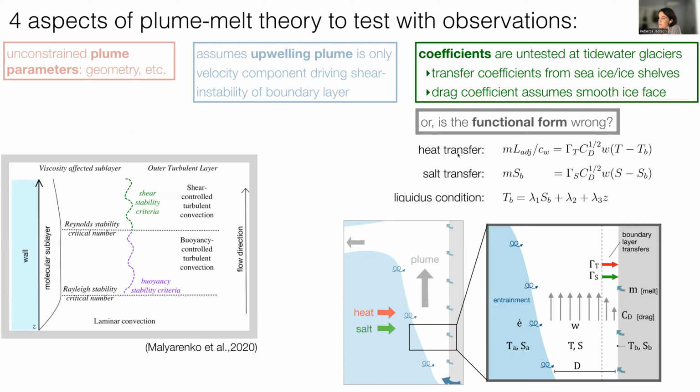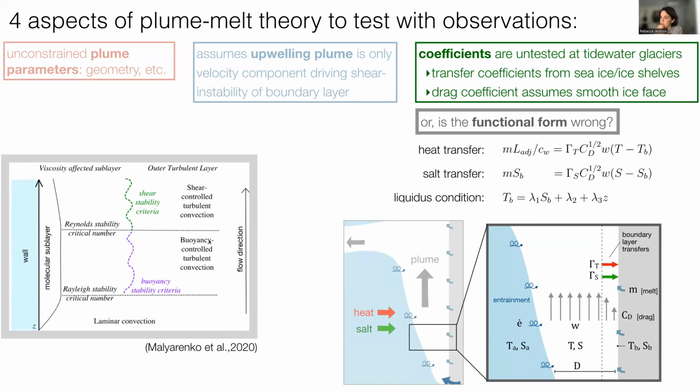This, again, assumes a shear-driven boundary layer. But if the plume is not energetic enough, we might expect to be in a different regime, where we have buoyancy-controlled turbulent convection. This plot over here is from a nice review on melt by Elena Malyarenko, showing this transition from a buoyancy-controlled regime at less energetic plume velocities up to a shear-controlled turbulent convection regime.